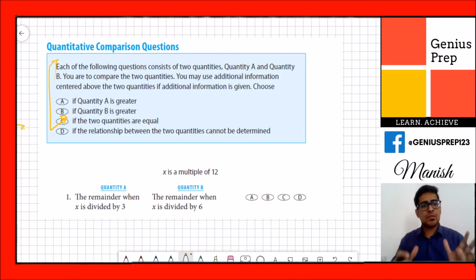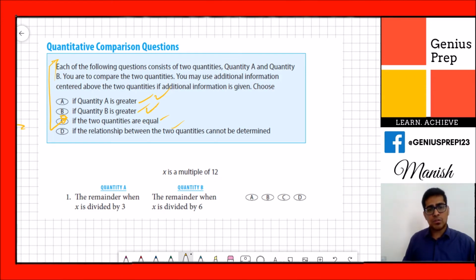This is a format in which you are given some quantities, and then the options A, B, C, D say quantity A is bigger, quantity B is bigger, both are equal, or it cannot be determined. You will see around 30% of questions like this in the GRE, and other exams also use this format. So let's solve this question.